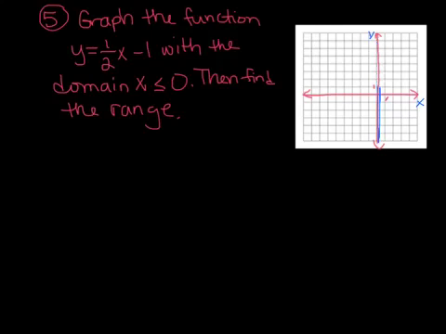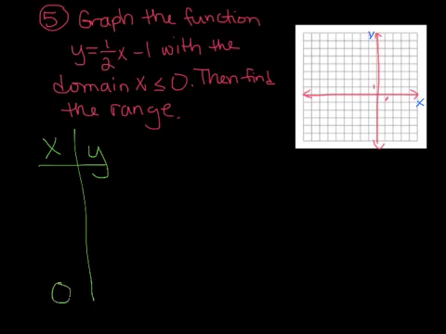So the way that you do this is by starting and making a t-chart again. Now, our big difference is our x values are only going to be 0 and things less than 0. So it's going to mostly be negatives. We're going to have one 0 in there and then a bunch of negatives. So I'm going to start with 0.